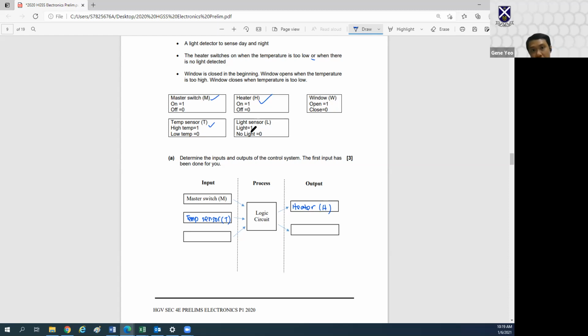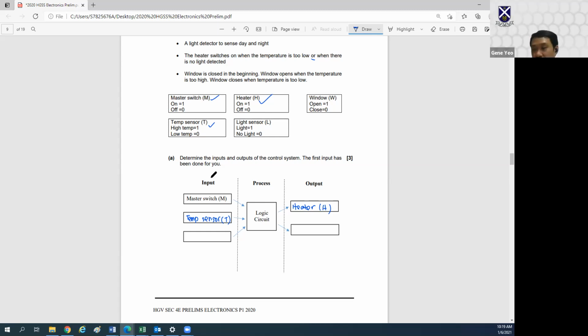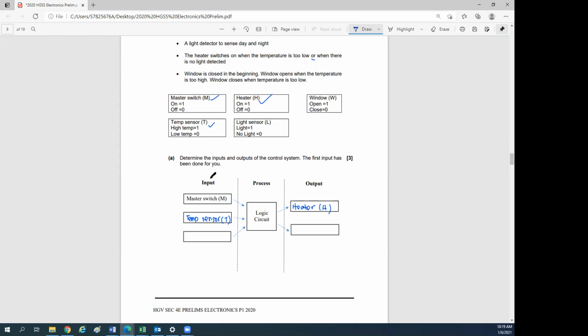Light sensor. Who have I not called out for today? Let's ask Alistair. Alistair, what about the light sensor? Sorry, I couldn't hear you, Alistair. Yeah, asking where to put it, right?